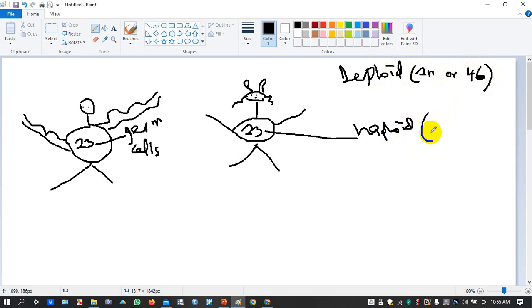But the haploid is 23, n, or 23 chromosomes. So this is half of the 46, because every normal human being has 46 diploid chromosomes.